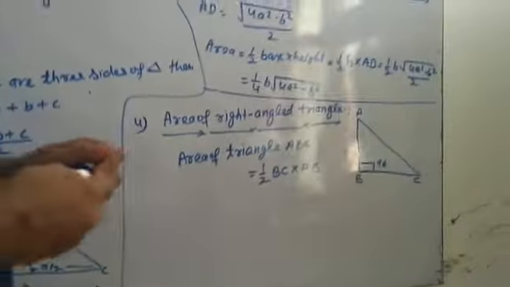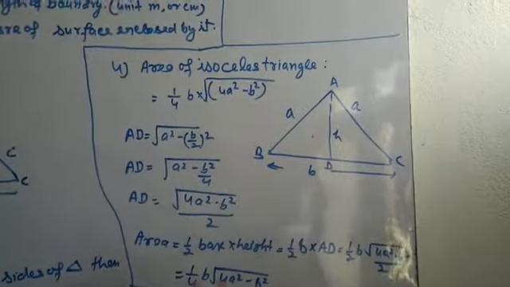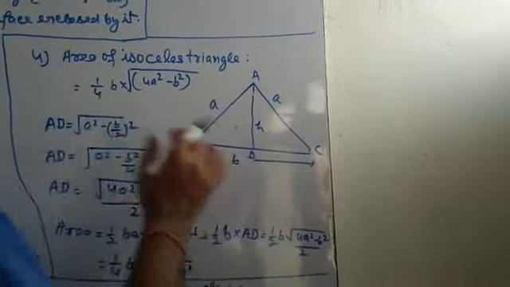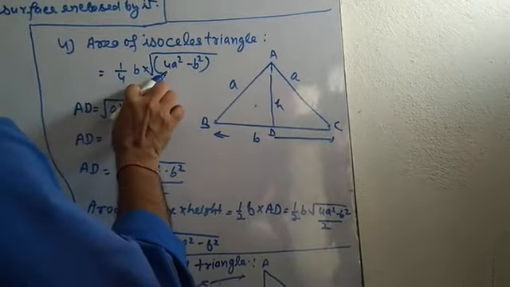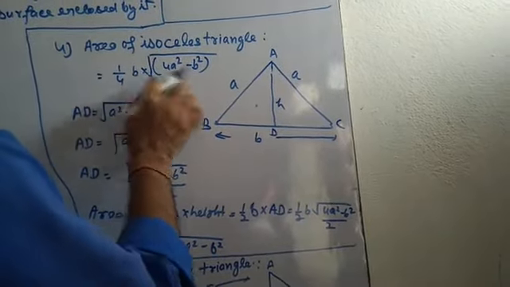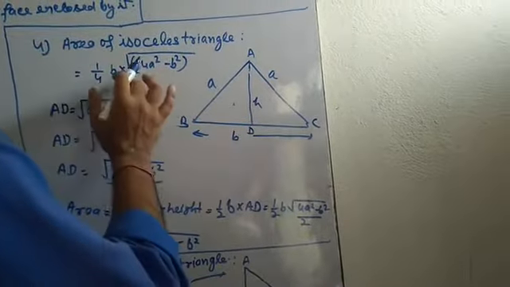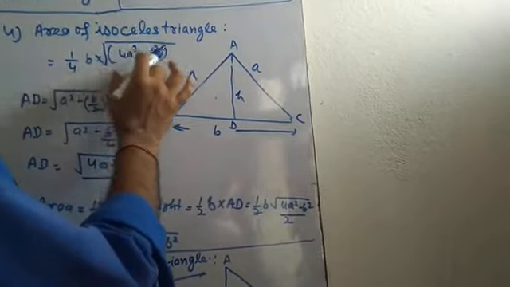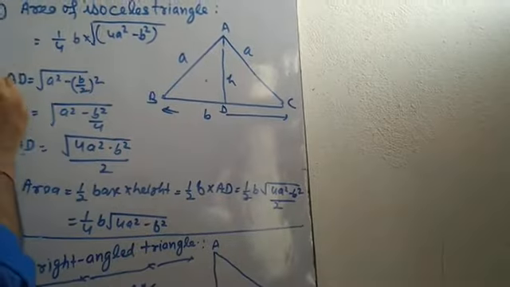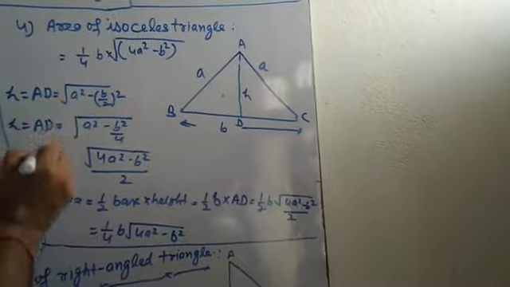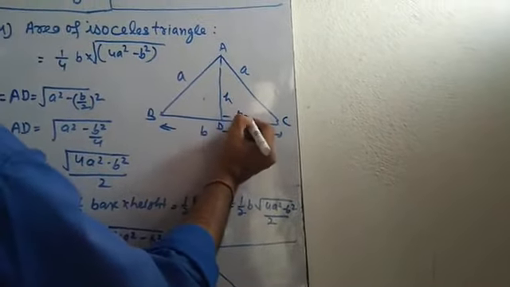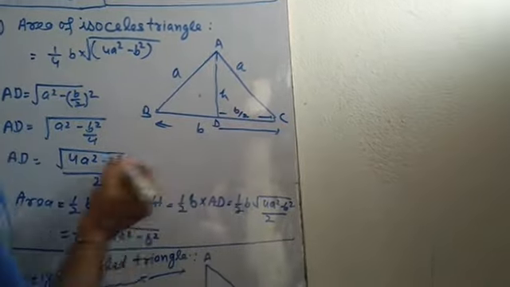Now come to the area of isosceles triangle. Isosceles triangle has two sides equal, AB and AC are equal, that is A. Its formula is 1 by 4 B, where B is base BC, into height H, which is root 4A square minus B square. AD is height H, that is root of A square minus B by 2 whole square.